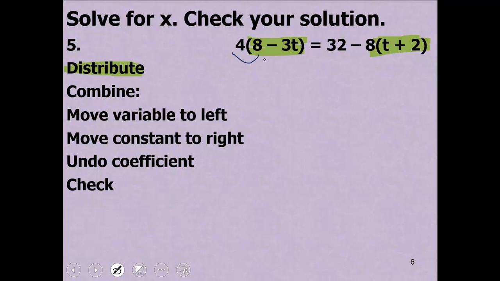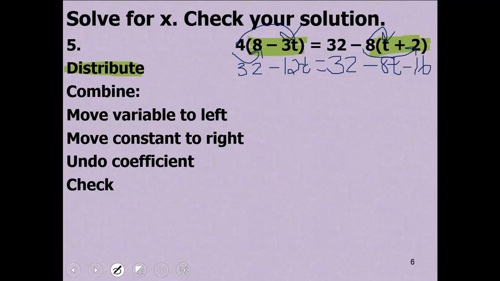I'm going to take 4 times 8. That gives me 32 minus 4 times 3t, 12t. 3 times 4, don't forget this term, otherwise you will get an incorrect answer, is equal to 32 minus 8t minus 16.